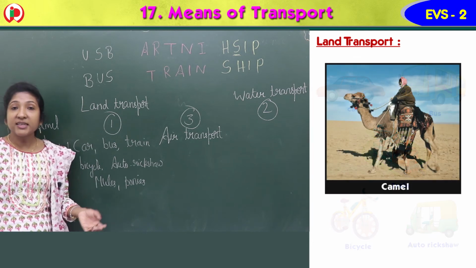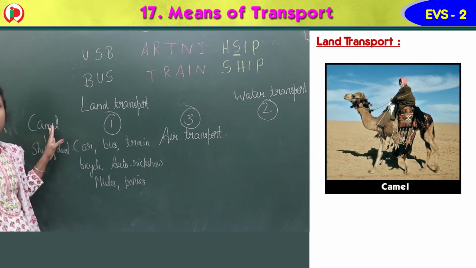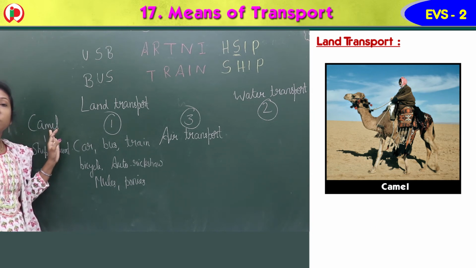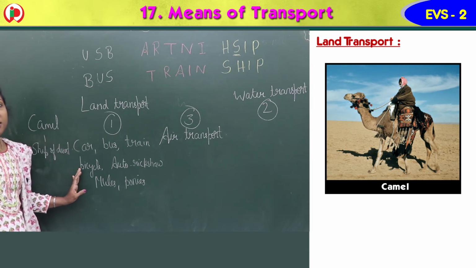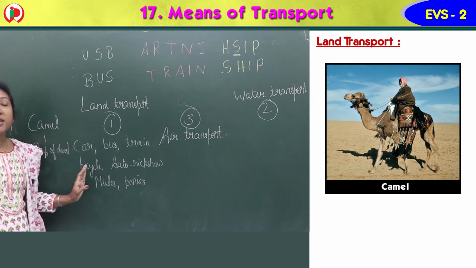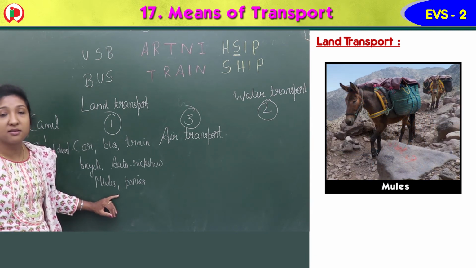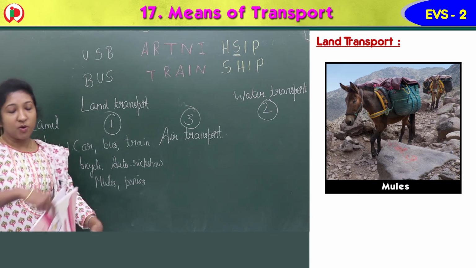And in desert area, people use camel to carry goods and people from one place to another. And camel is called ship of the desert. And in hilly areas, people use mules, ponies to travel. Okay.